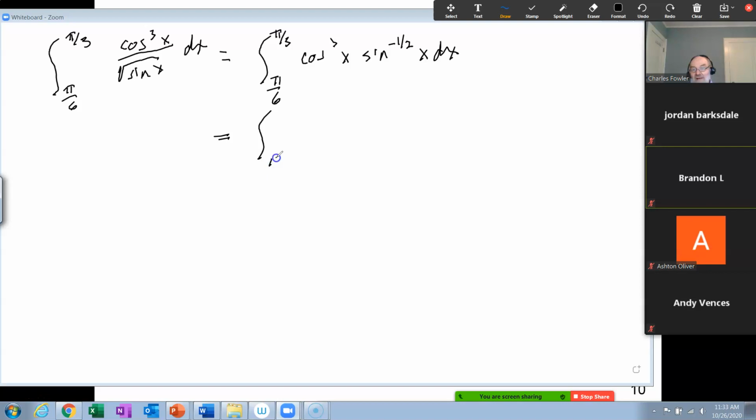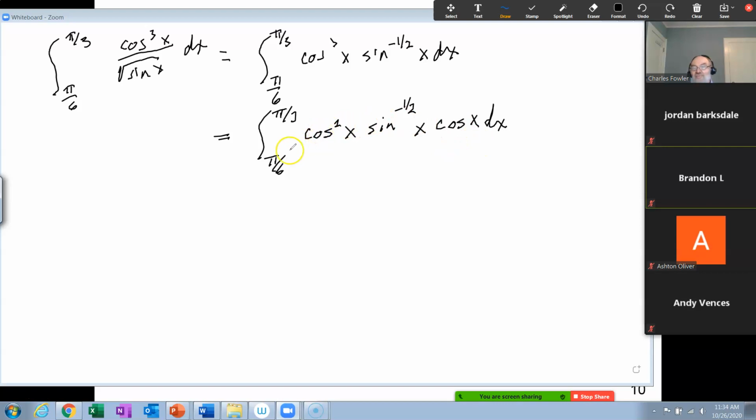This will be the integral from pi 6 to pi thirds of cosine squared x, going to pull out 1, sine to the minus 1/2 x times cosine. That one we pulled out, we're going to move over here with the cosine x dx. Now, you got the derivative of sine right there.